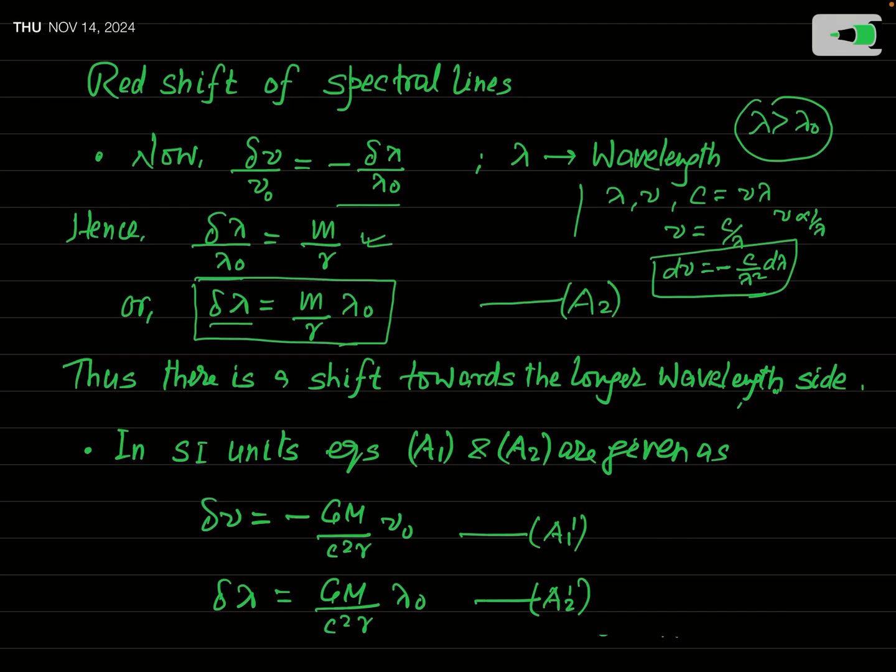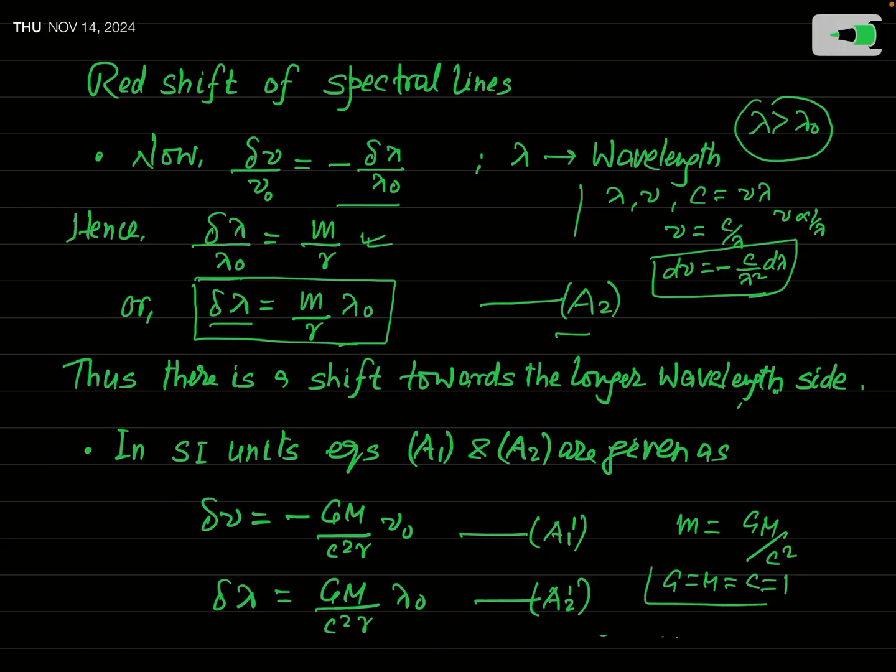Now, if equations A1 and A2 are written in SI unit or MKS unit, then this small m is given by Gm divided by c square. In relativistic units, you take G equal to M equal to c and all these equal to 1.